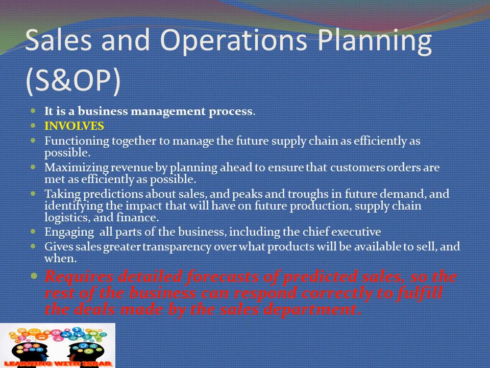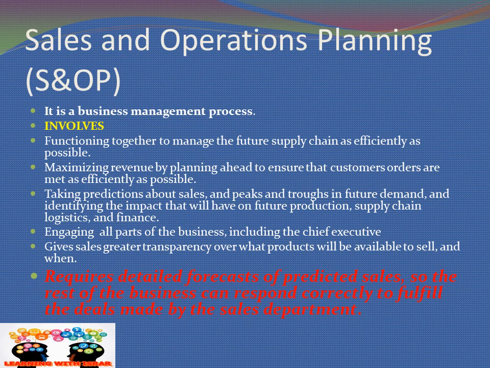As we have mentioned earlier, it is a business management process which involves functions working together to manage the future supply chain as efficiently as possible, and then maximizing the revenue by planning ahead to ensure that customers' orders are met as efficiently as possible. So first is the efficiency, and then meeting the customer's order.